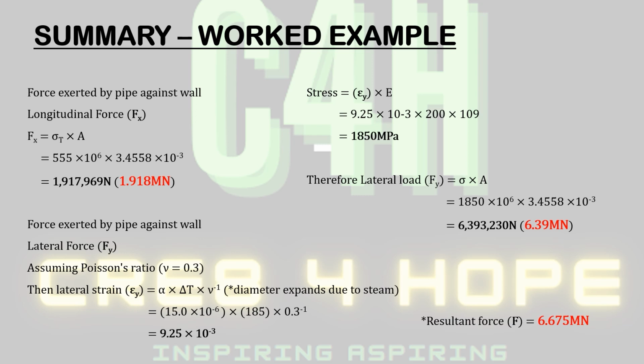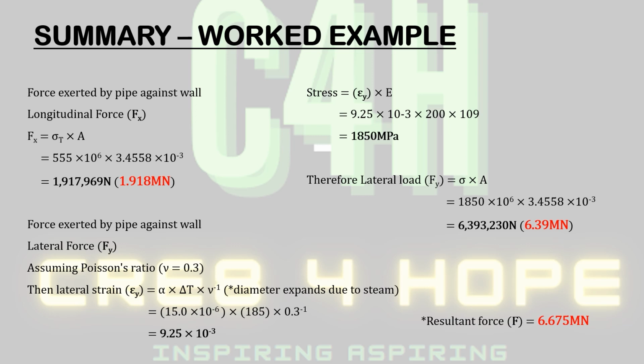We put in the known values and we get a strain of 9.25 times 10 to the power minus 3. To calculate the stress, we know that stress divided by strain is equal to E. Thus, stress is equal to epsilon, the strain, times E. If we put in known values, we get the lateral stress to be equal to 1,850 MPa.